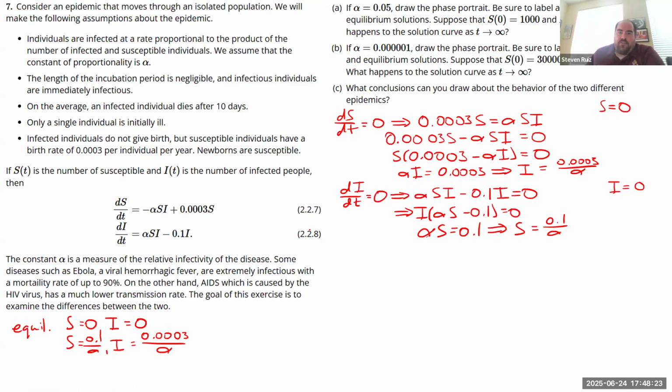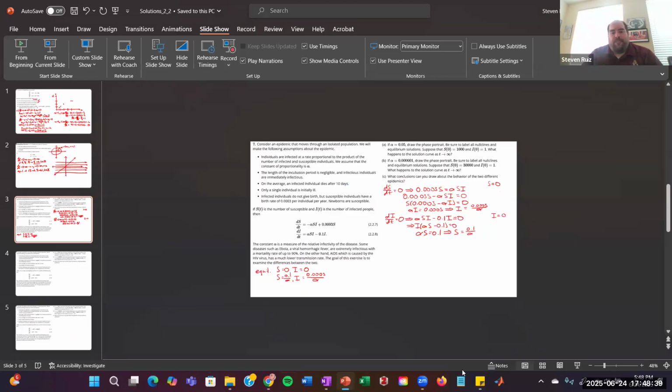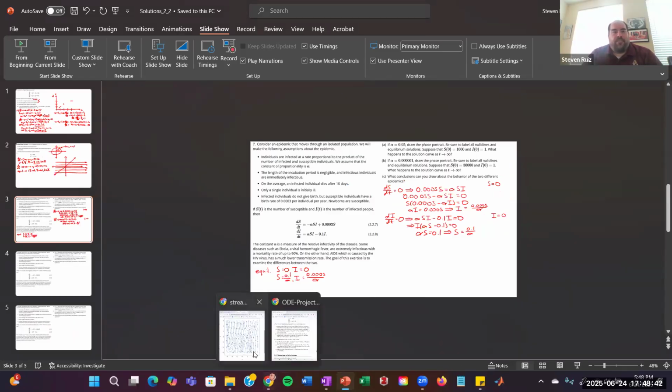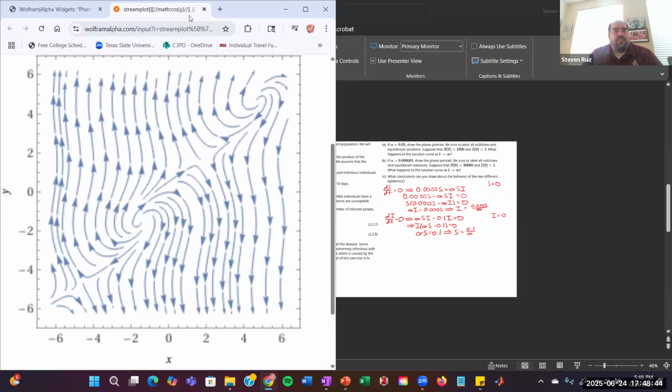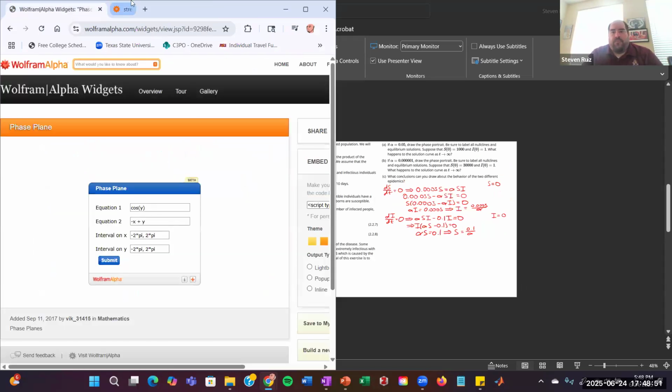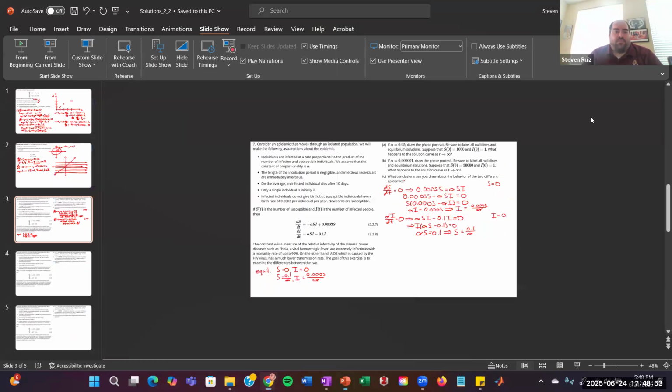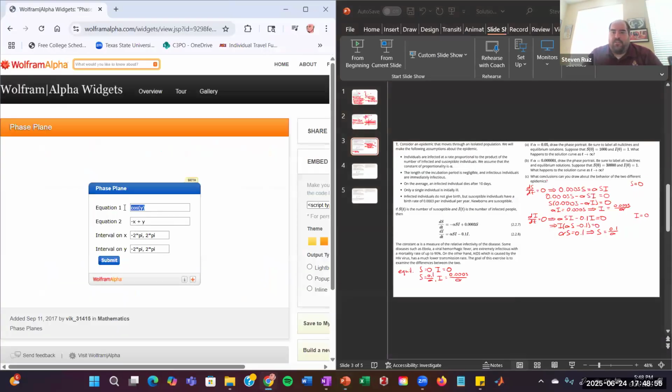All right, so I believe we've done all the analysis we can by hand before we have to go to, yeah, let's do this. Let's go back to Wolfram. And let's give Wolfram our new equations.